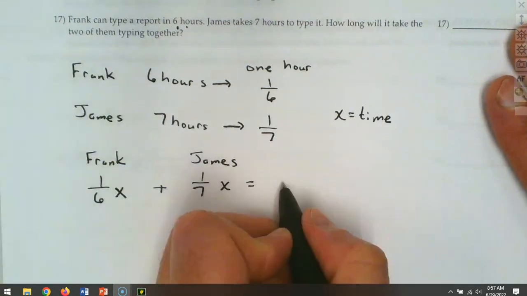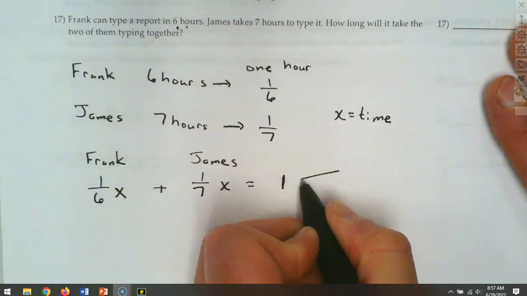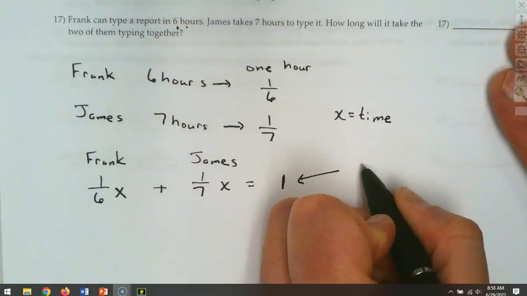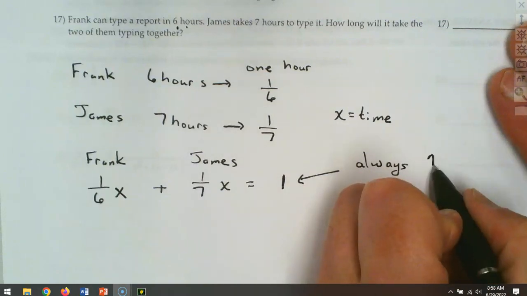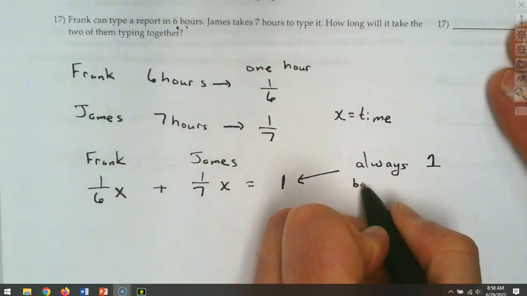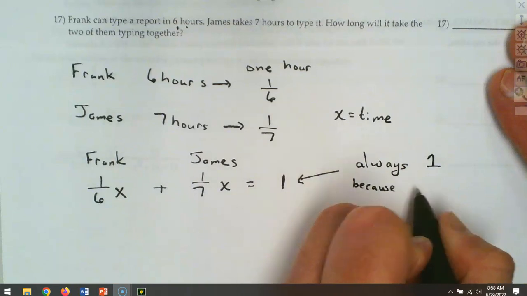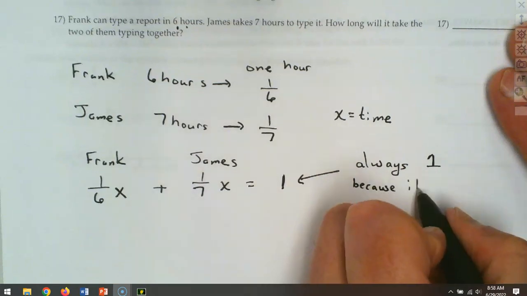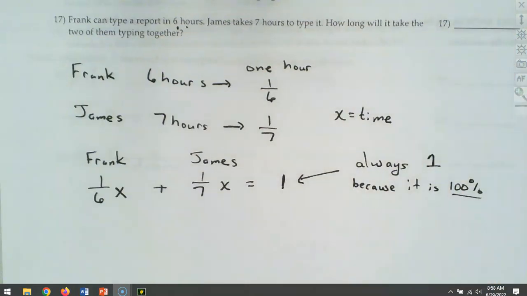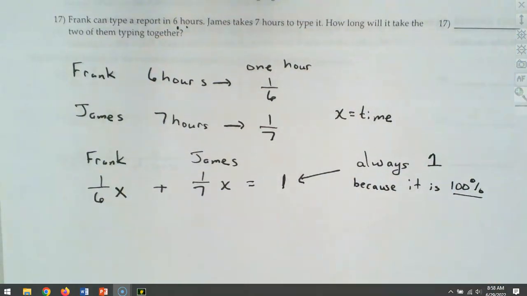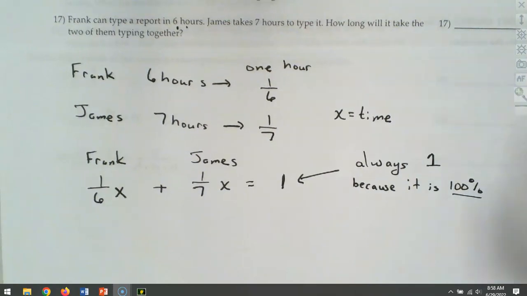And then what is it going to equal on the right-hand side? This is always going to equal 1, because that's 100%. We're typing one report. We're completely doing that report, so that's your 1, that's 100%. They're always going to equal 1.